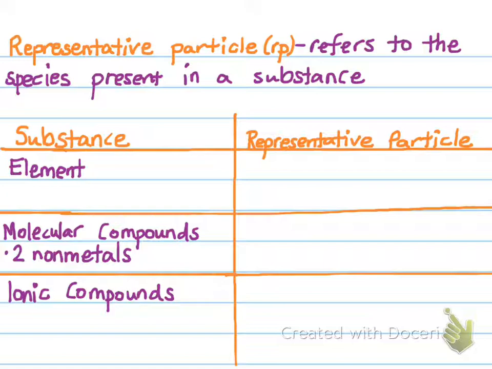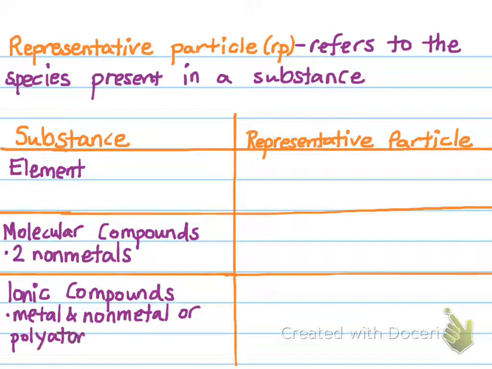All right? How do we identify ionic compounds then? How do we know that a substance is an ionic compound? Hopefully you said that it's made of a metal and a nonmetal, or it has a polyatomic ion in it. So again, nonmetals to the right and above that heavy stair-step line.